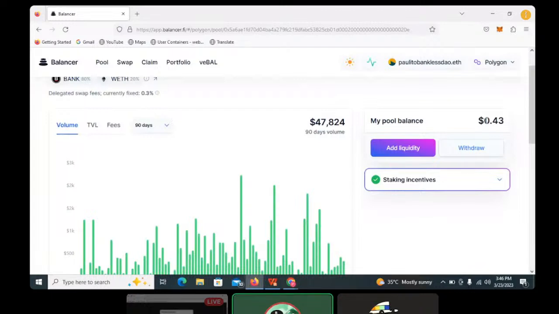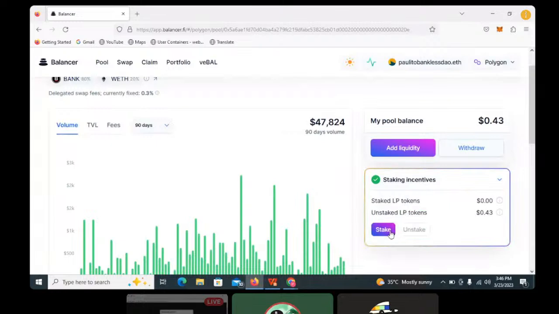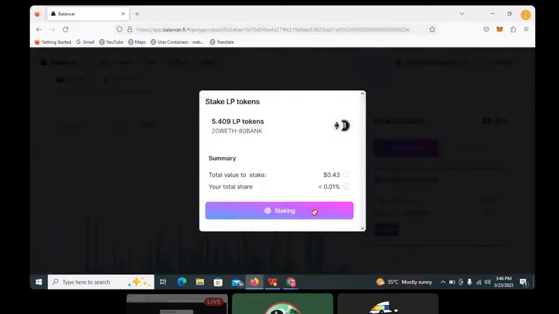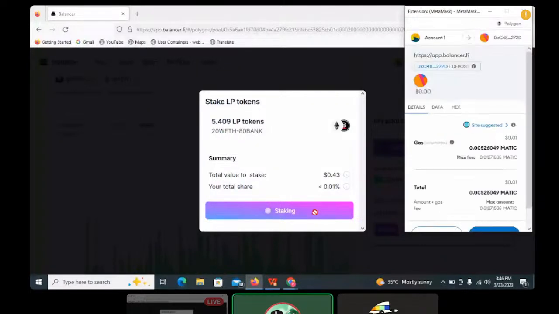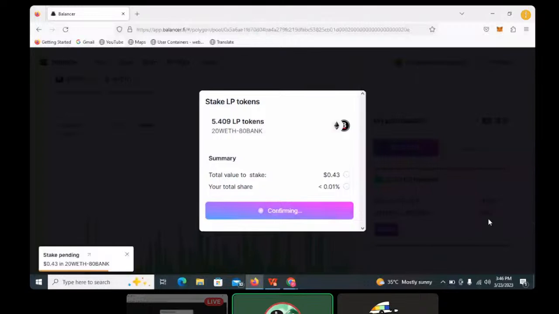It remains at 0 dollars, or 43 cents actually. So we're going to have to stake this. Okay, stake. I'm going to confirm this. Once it's being staked, you also get a confirmation that your investment has been staked, and you get that confirmation right about now.